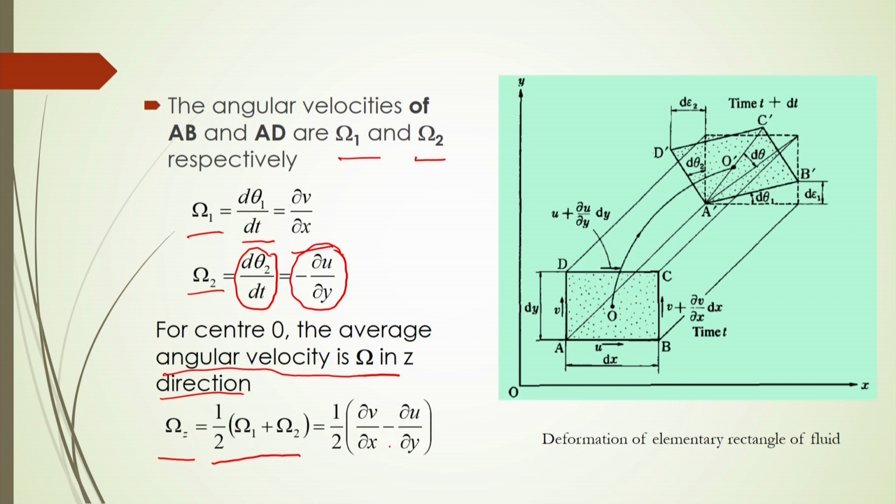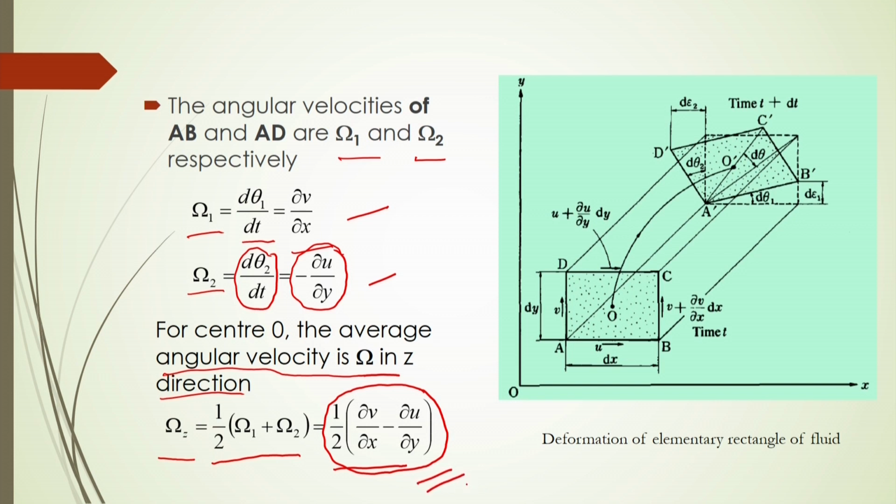Now, if you substitute omega 1 and omega 2 from these equations respectively, then we can simplify and get the equation of angular velocity in the z direction. It will be equal to half of ∂v/∂x minus ∂u/∂y. So, this is your angular velocity.